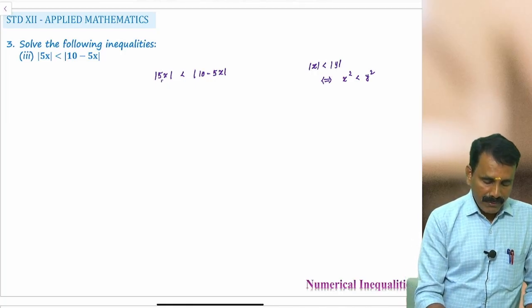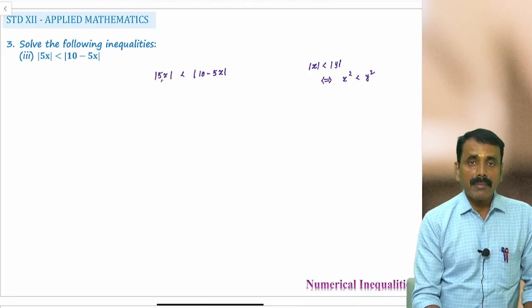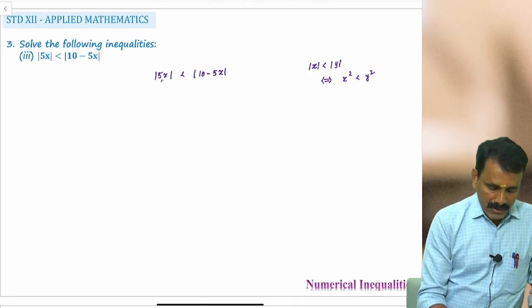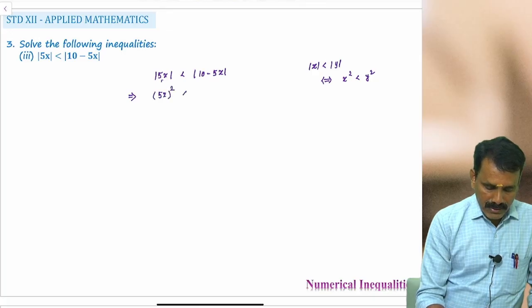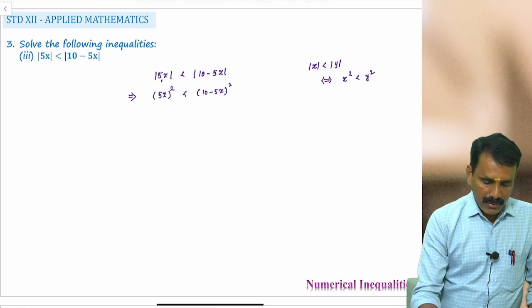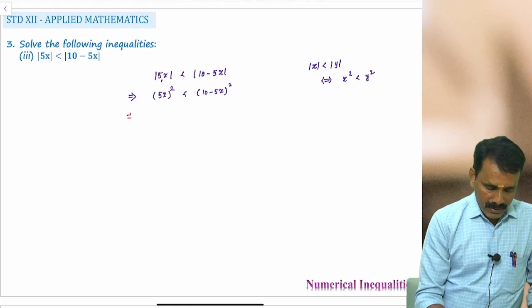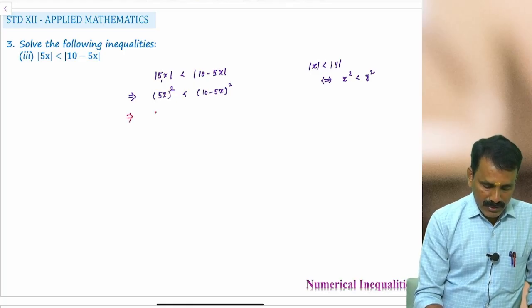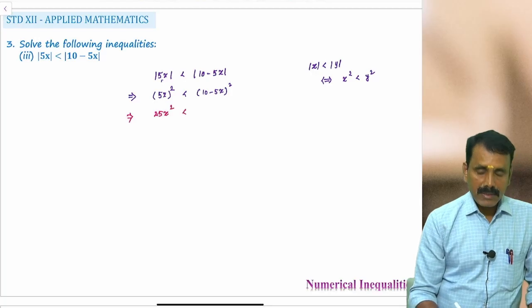On the LHS we are having 5x, on the right hand side we are having 10 minus 5x. So, this implies 5x the whole square strictly less than 10 minus 5x the whole square. This implies 5x whole square is 25x square, strictly less than.